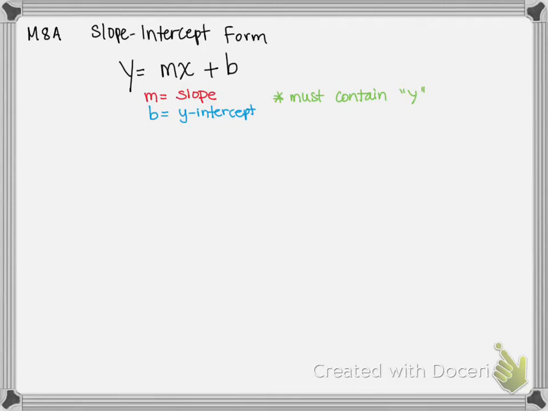Okay, so what are some uses of slope-intercept form? Well, the most important one is it's a new way to graph. Now, I'm going to tell you it's not my favorite way. My favorite way is a table of values, and you've heard me say this before. The reason I like the table of values is because there's 3 points I'm graphing, and when I graph 3 points and they don't line up, that tells me I've done something wrong.